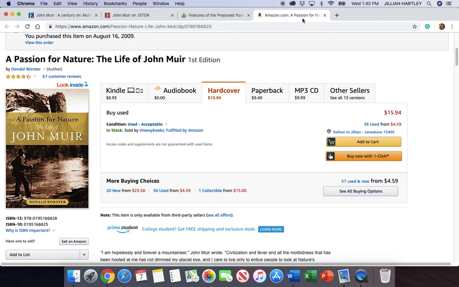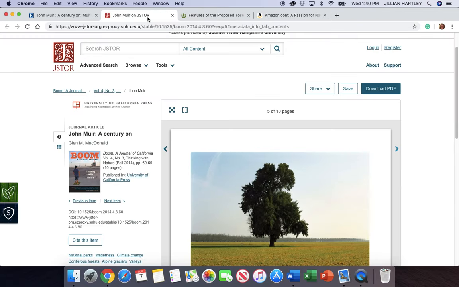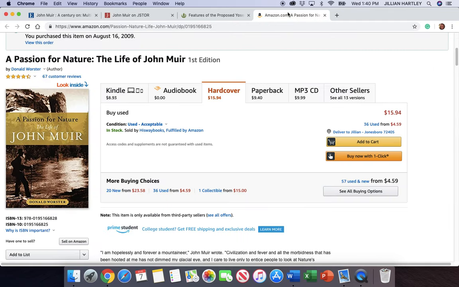One thing I really want to convey to everyone is that if you turn in, for example, a scholarly book review, and instead of reviewing a book, you have reviewed an article from the Shapiro Library, that's not something I'm going to be able to really give you credit for because it doesn't meet the requirement at all.